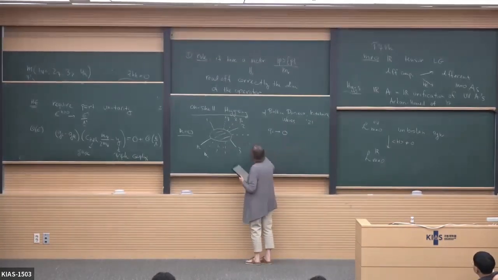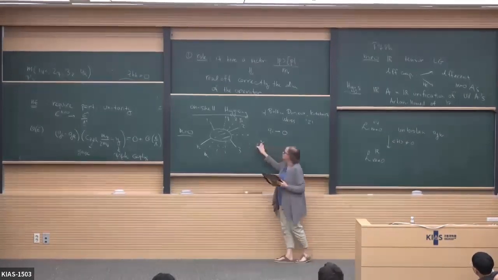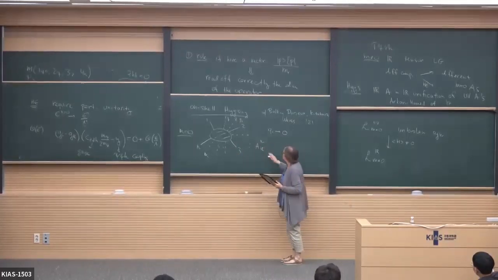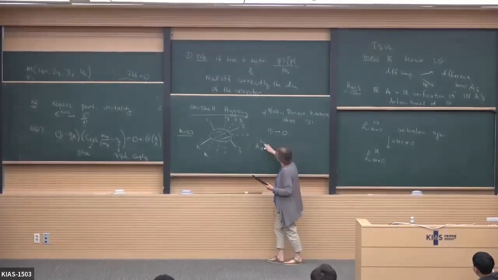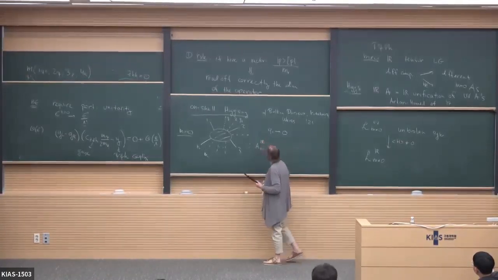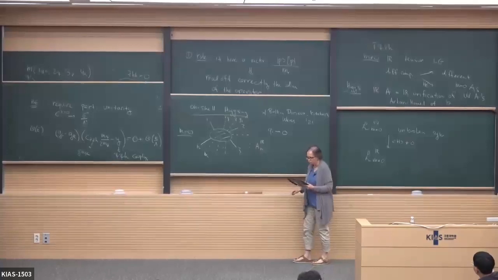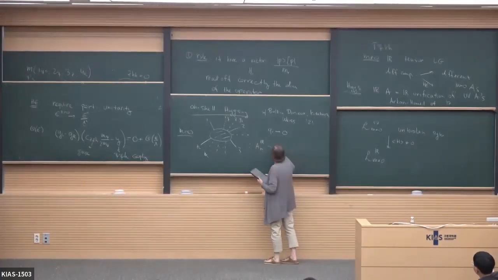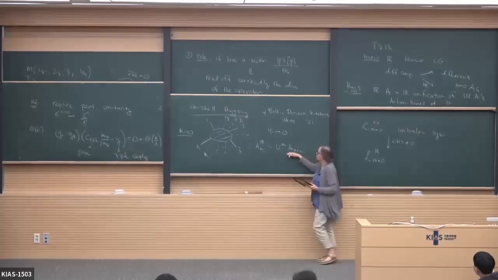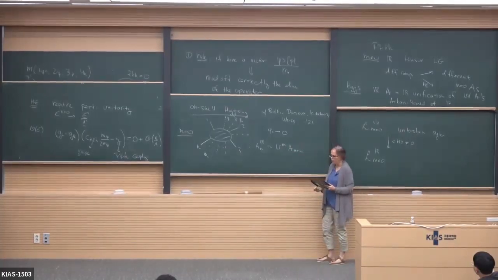Now, in the IR, I'm going to get some amplitude where all the Higgs legs are gone. So it has n legs. Let me reverse the ordering. So this is A_n^IR. And it's going to be of the form v^m times A_{n+m}, which is the massless amplitude that I'm starting from.